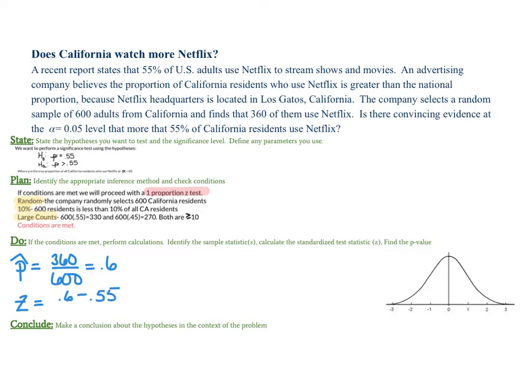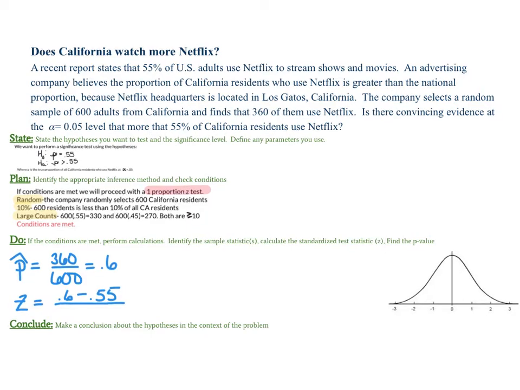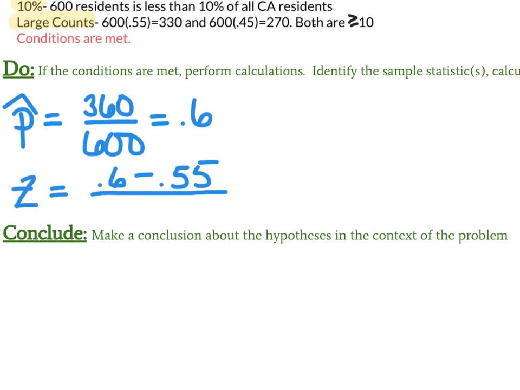So I do 0.6 minus 0.55 divided by my standard deviation. So I need to find my standard deviation, which from your formula sheet is equal to the square root of p, which is 0.55, times 1 minus p, which is 0.45, divided by my sample size, which is 600.